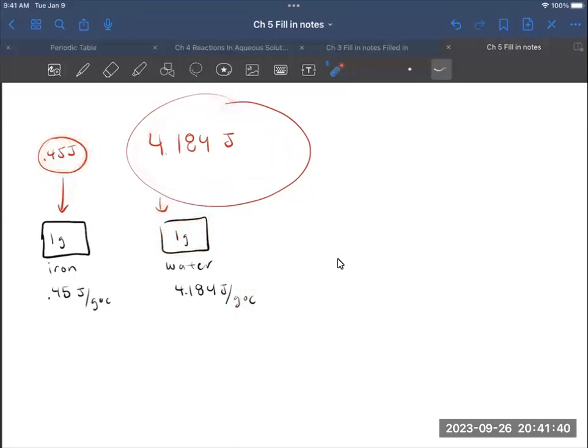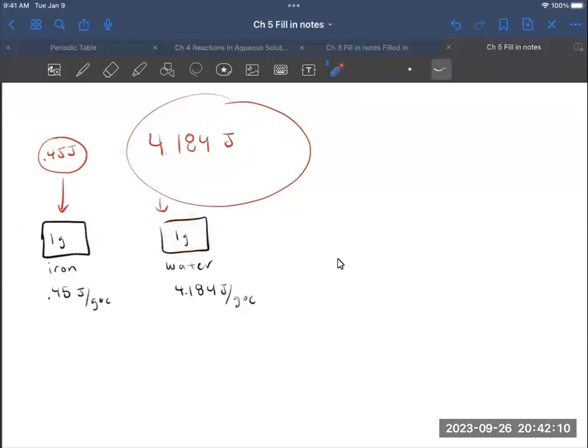Also, I want you to understand that this heat capacity also means how much heat it can carry with it. So if I had a hot piece of iron and I threw it into water, for every gram of iron, it could transfer 0.45 joules of heat energy for every degree Celsius it contained. This is how much heat it can transfer to substances around it per gram. Same thing here. Water can transfer this much heat per gram.